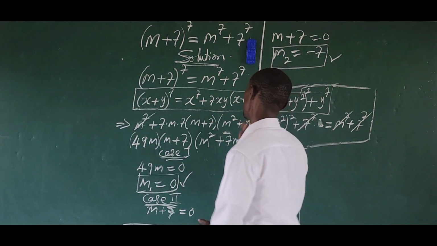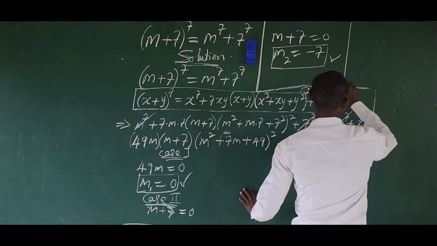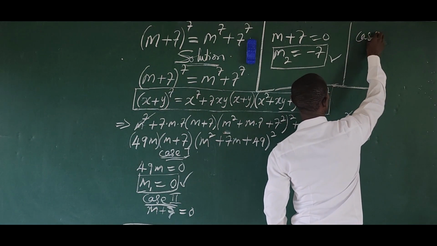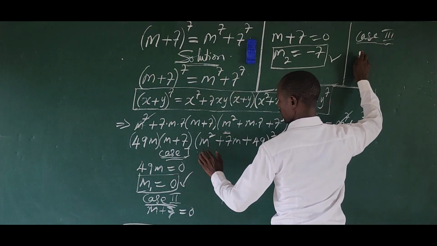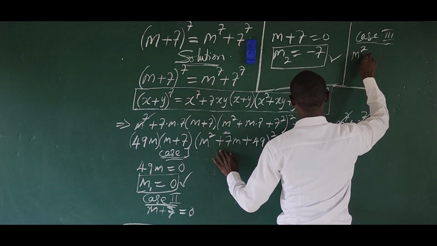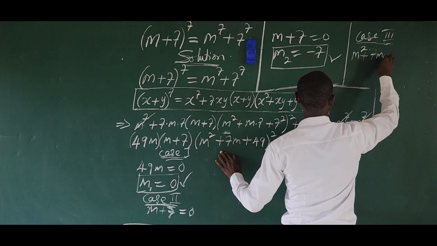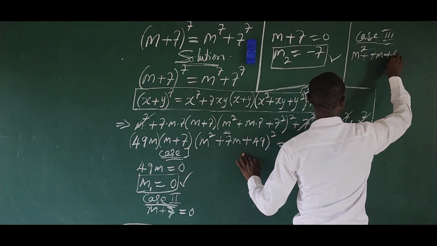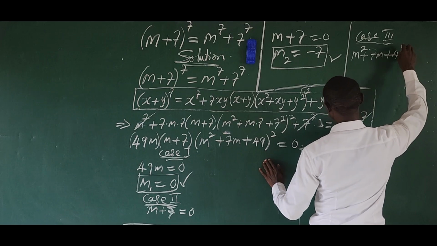So we take the third case scenario, our case 3. We have the expression m to the power of 2, plus 7m, plus 49, all raised to the power of 2.